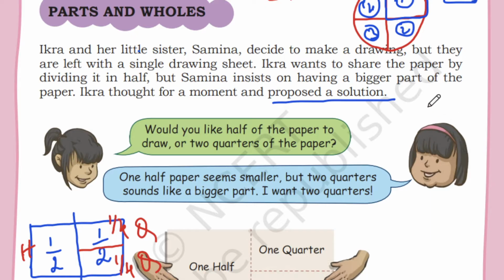Whenever we ask kids if they want 2 chocolates or 1 chocolate, what will they take? They will think 2 is bigger and they will always ask for the bigger number. One half of the paper seems smaller, but 2/4 sounds like a bigger part. So she's telling that I want 2/4.